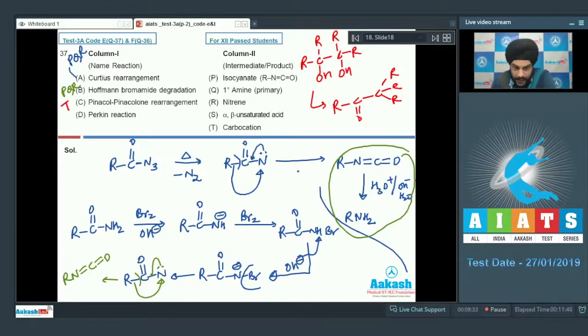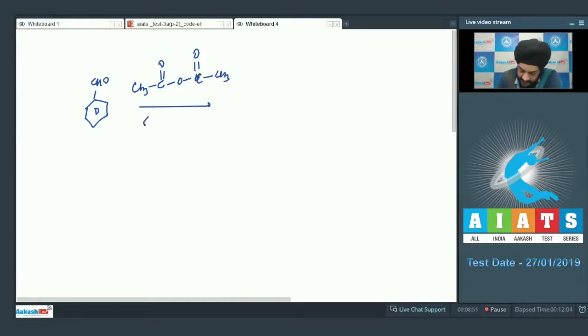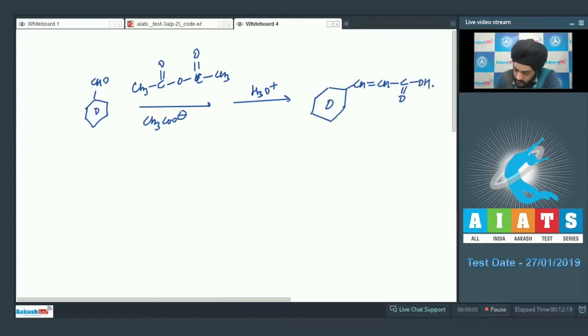Now if we talk about the D option, which is the Perkin reaction, in the Perkin reaction we have the reaction of benzaldehyde with acetic anhydride in presence of sodium acetate, followed by hydrolysis to give us the cinnamic acid, which is the alpha beta unsaturated acid which is formed.